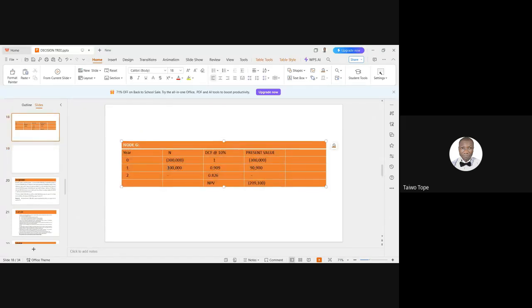So this you have node G. This is 300, and this will be what? 200. This is 200, and the result here will change to what?